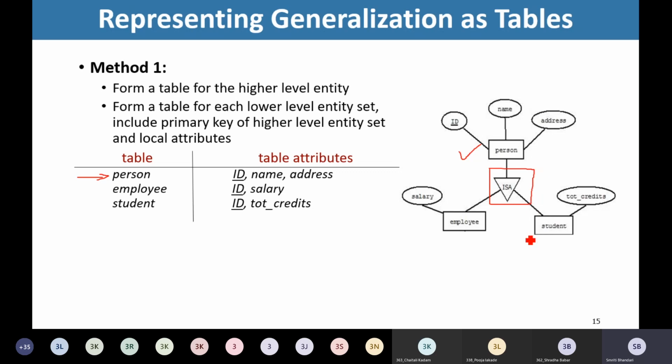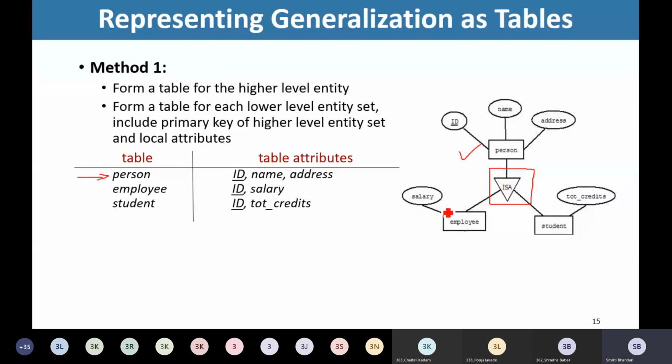So while practically implementing this, what we will do is we will form a separate table for each lower level entity set. So I'll be having one table for employee and one more table for student. And what will be the attributes now?